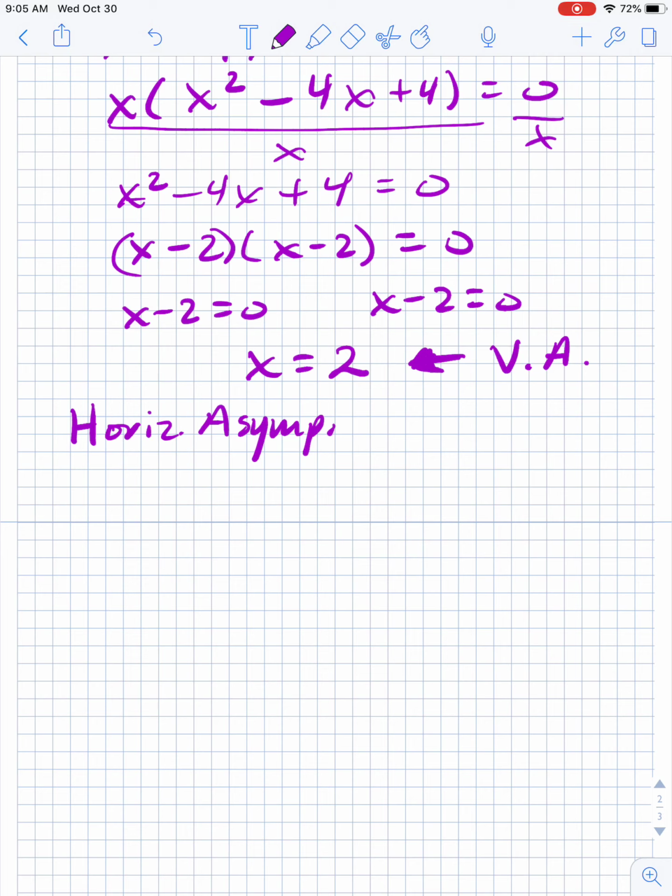So if your numerator, and you guys can refer to your handout for this, is less than your denominator, and we're looking, actually, let me go back and explain this. So if you're looking at the degrees of your numerator and your denominator for this.